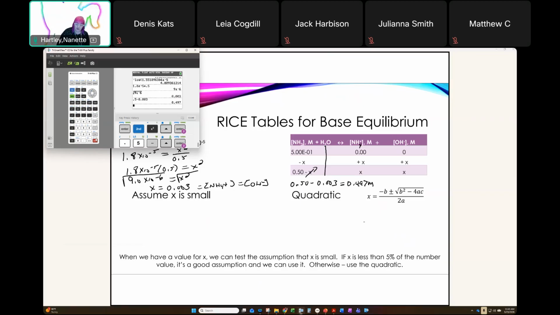And if we wanted to find a pH, then we could take the negative log of the 0.003 to find the pOH. And that gives me 2.5.